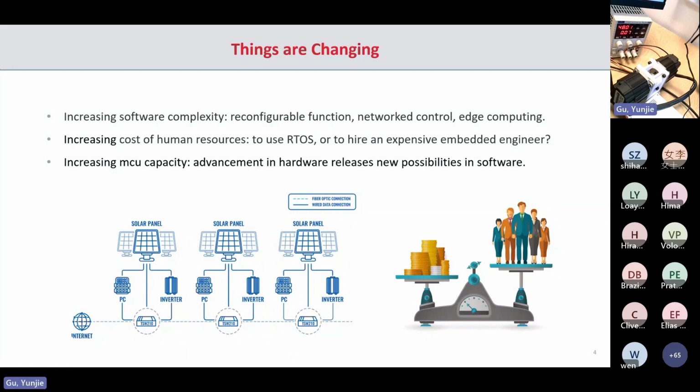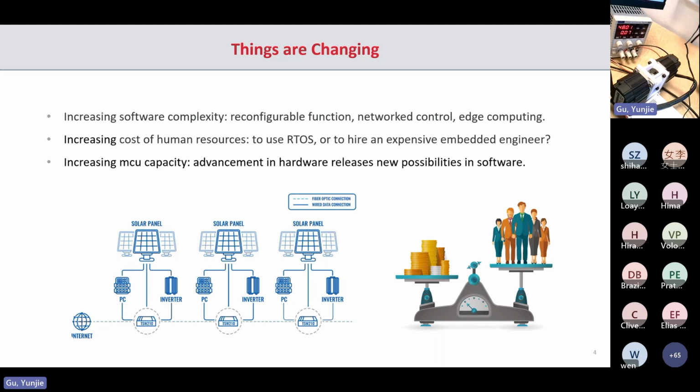And the third reason is the increasing capacity of MCUs. I mean, Moore's law is continuing, so the capacity of the MCU is increasing, and the cost of a single capacity is reducing.